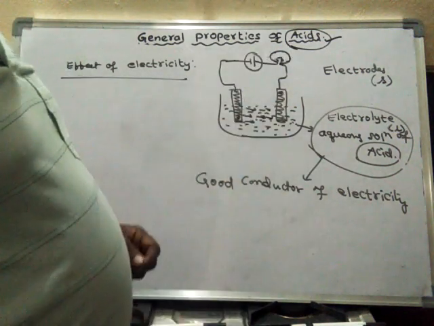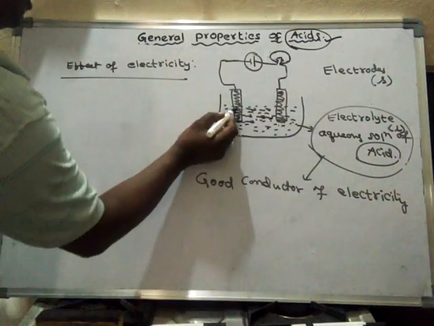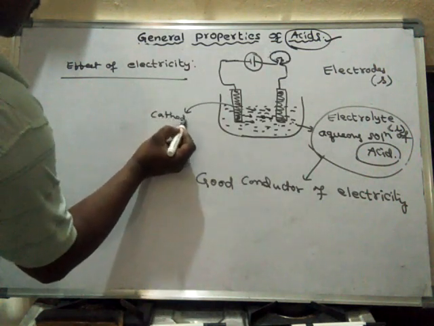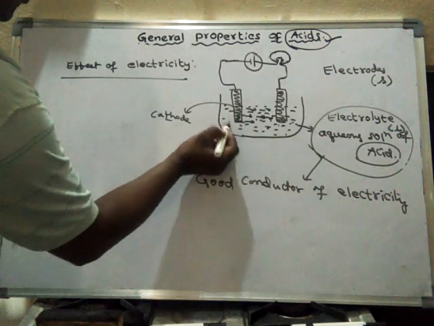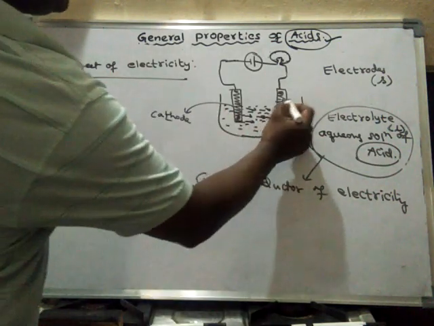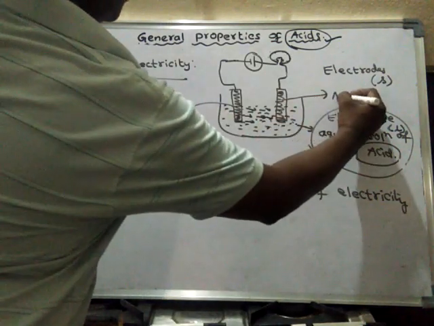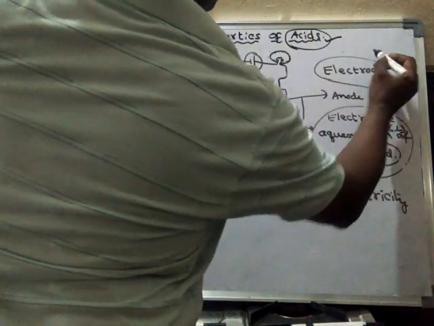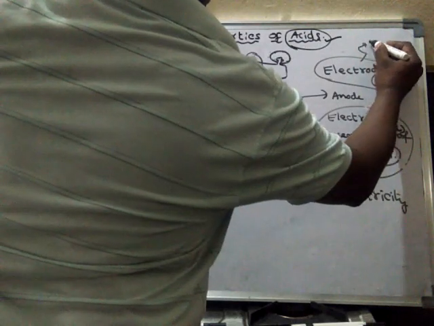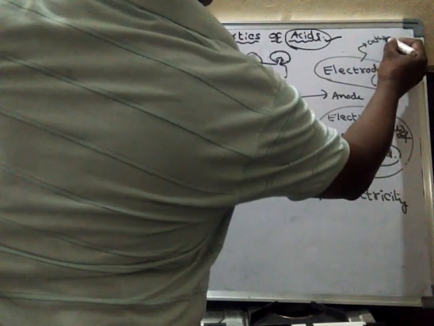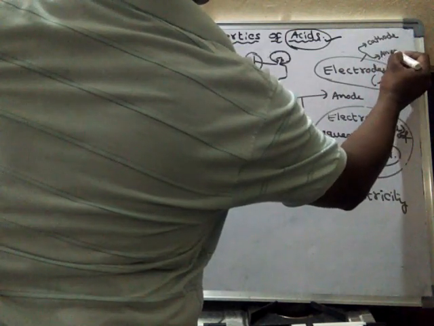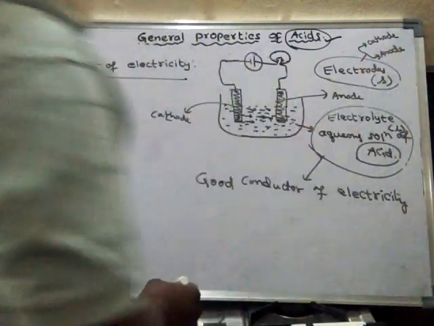If you pass electricity through this aqueous solution of acid, the bulb will glow. This electrode is called the cathode, and this electrode is called the anode. That means there are two electrodes: one is called the cathode and the other is called the anode.